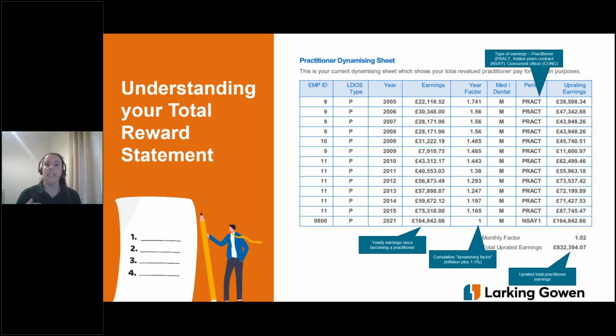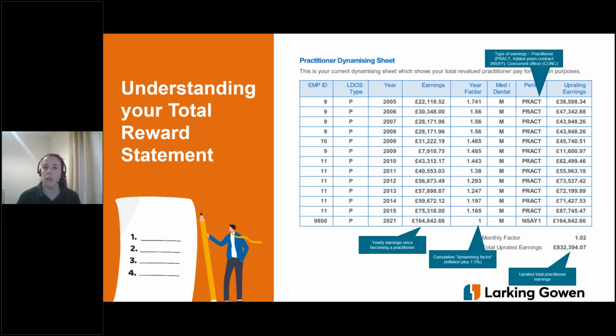Now, if you had different roles, so 2009, for example, there's 2 entries, so they would have changed, either a changed employer, moved to a different practice. If it's a locum, they might have gone to a different area. So they will list out the different sources of practitioner pay each year.